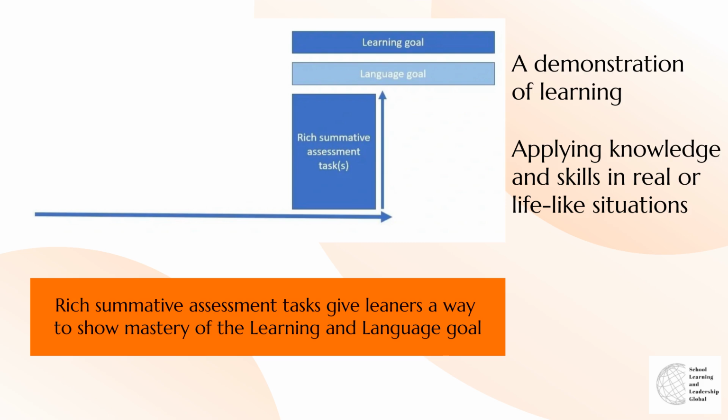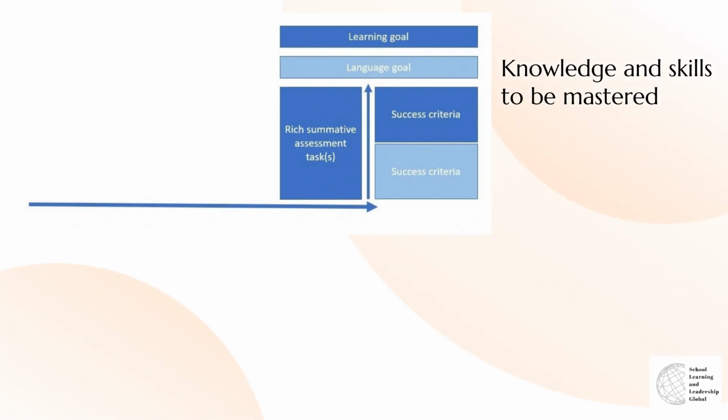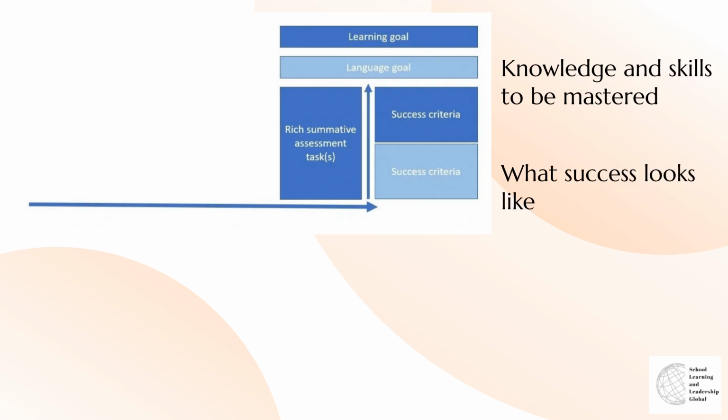Success criteria spell out the specific knowledge and skills students must master to succeed on the rich summative task. Think of them as the stepping stones on the path. We list criteria for both the learning goal and the language goal, so every student knows what success looks like conceptually and how to express it.